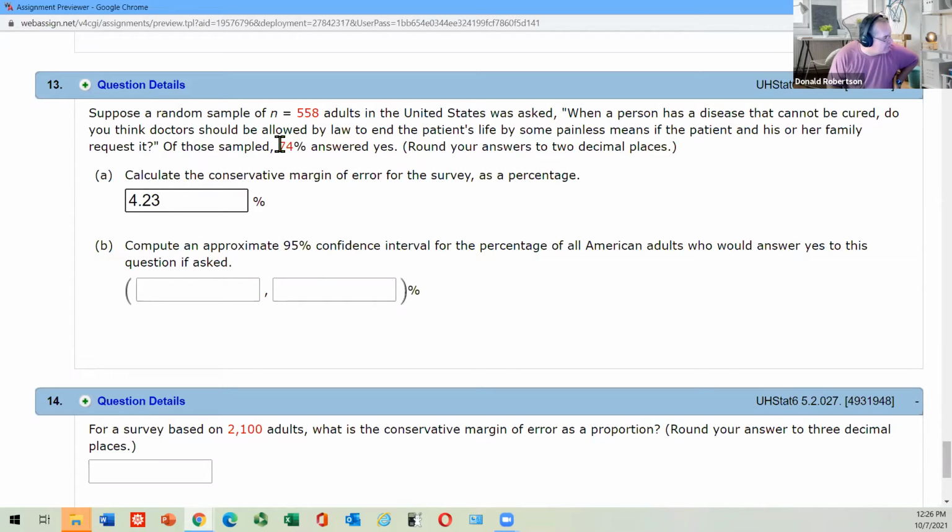Okay, now you've got 74% and you want to do the 95% confidence interval. So won't you just go 74, take away 4.23, and in the other side, I'm not doing the answer, I'm doing the calculation.